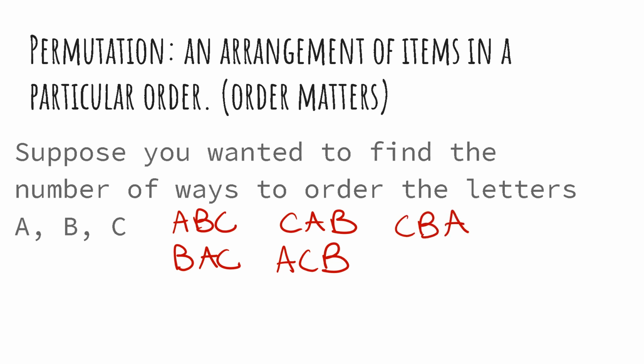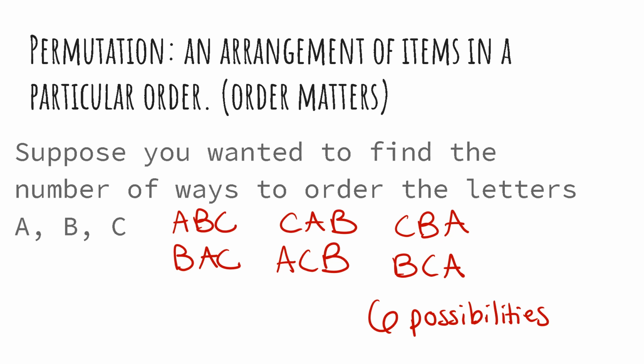CBA. There's 1 more. BCA. Okay. So there are 6 possibilities or ways for us to list ABC.